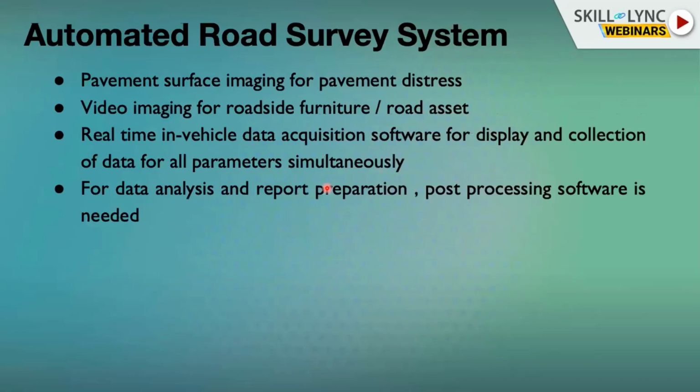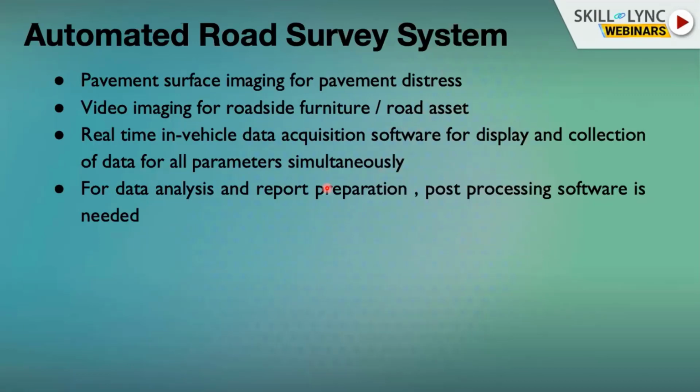The cameras help you capture the surface imaging, and this helps you assess the total distresses on the pavement. We also have the video camera to assess the roadside furniture, or to capture what assets are on my road.